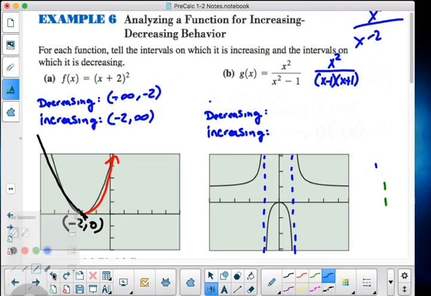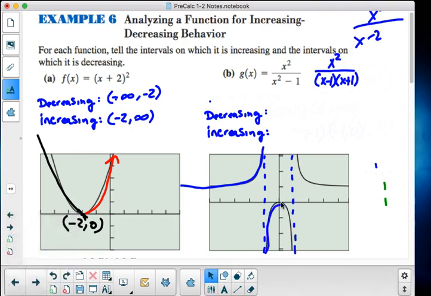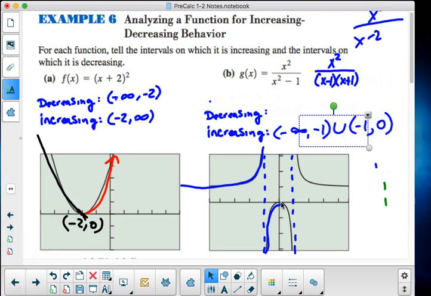So from left to right, from negative infinity to negative 1, I'm increasing. From negative 1 to 0, I'm increasing. Okay, so I got my increasing there.